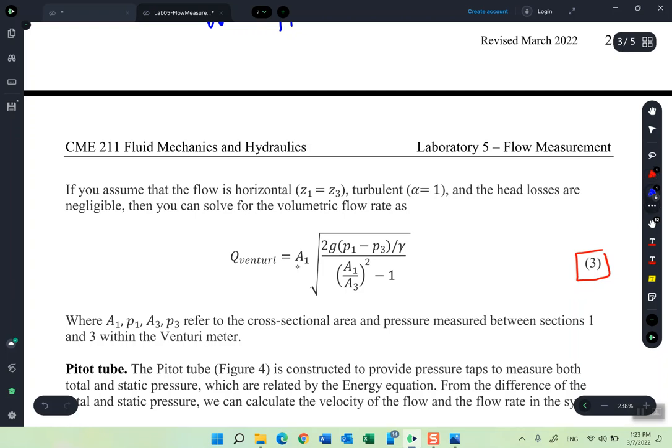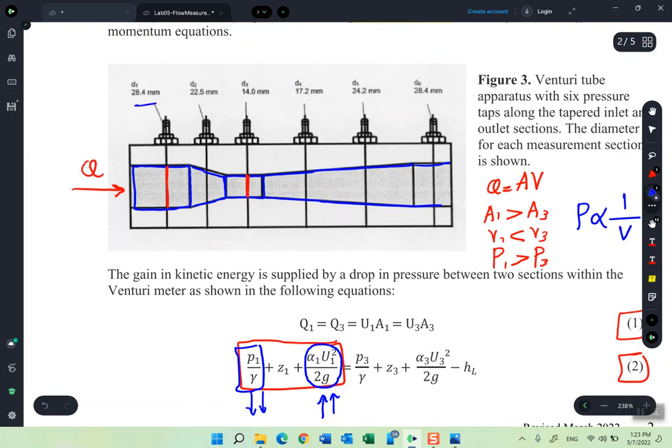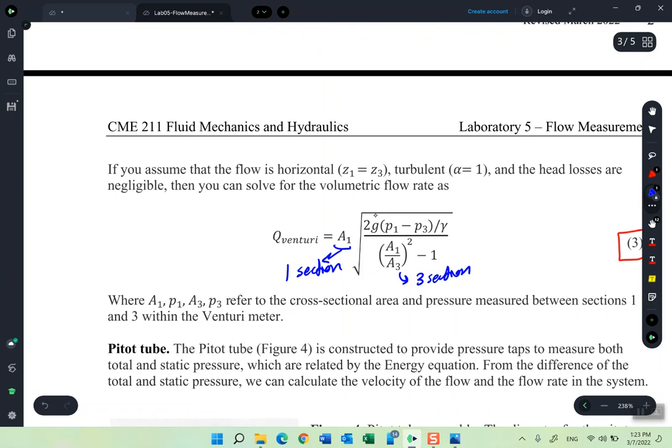Of course, the area, A1 is the area at the first section. A3 is the area at section number 3. Because you already know the diameter at these two sections, you can easily calculate the area of the sections. What about g?